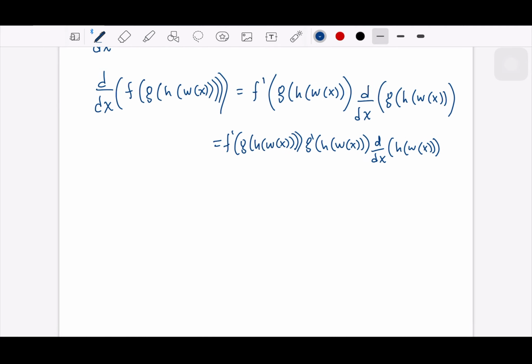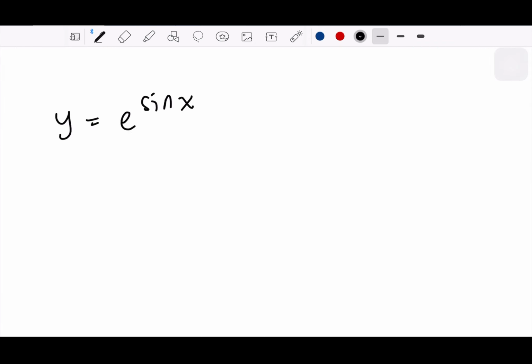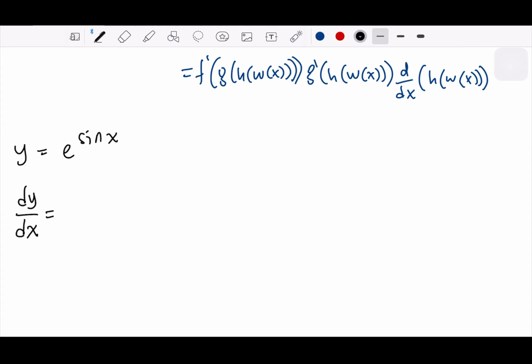Okay, if we have another one, if we have y equals e to the power of sine x, and we want to know the first derivative. By the way, we have established before that if you have e to the power of x, the derivative is the same, e to the x.